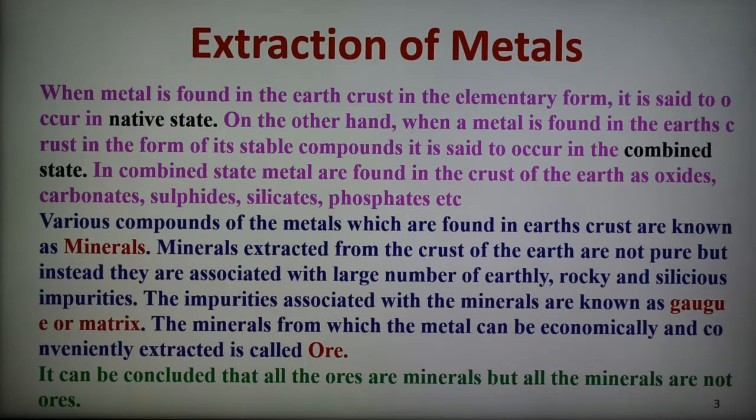Also, we know that not every mineral of a metal can be used for its extraction. In some cases economic factors, while in others the availability of the mineral, may be the hindrance. So the minerals from which the metal can be extracted profitably are known as ores.